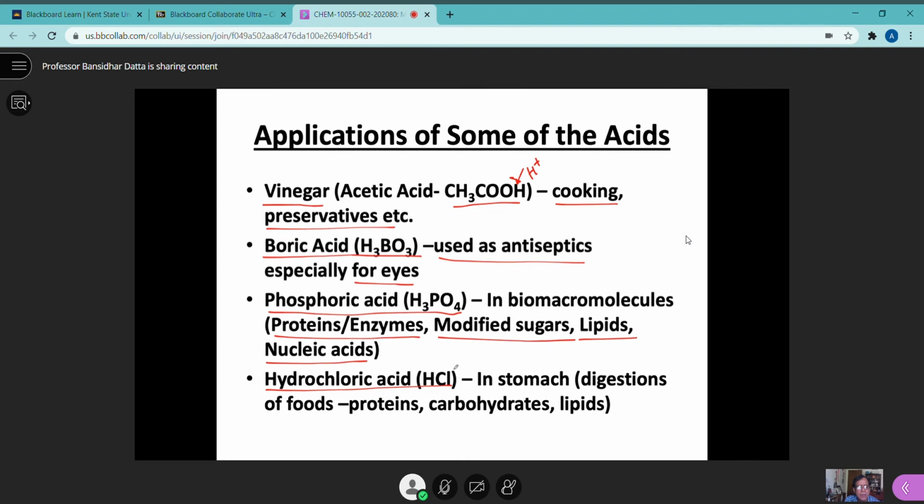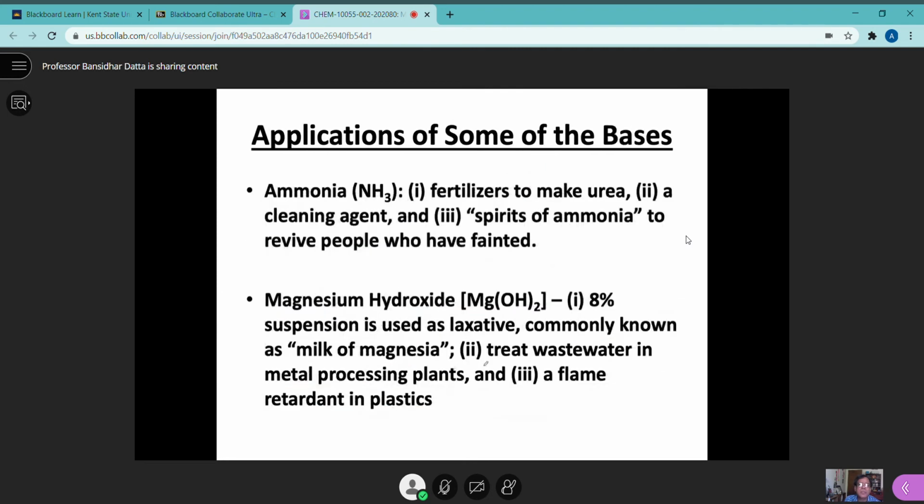Okay. All right. Next one, applications of some bases. Not too many, but there are many bases out there, and you see some ammonia, NH3. Ammonia is one of the most important ingredients for making urea. Urea is a fertilizer. How many of you know urea? I think you should know. Does anyone know what urea is? Urea, yes.